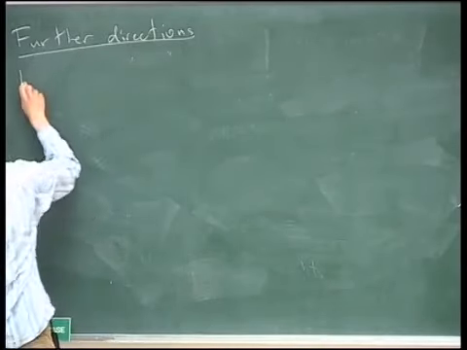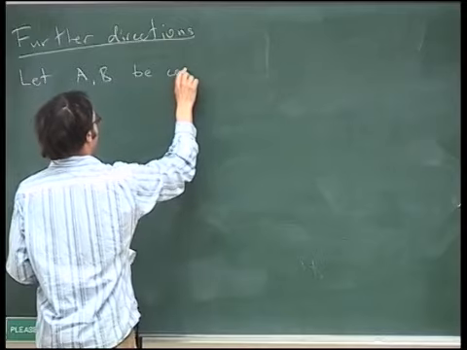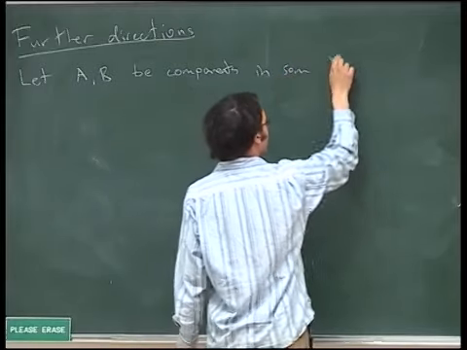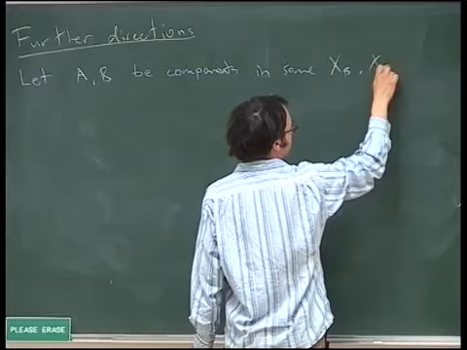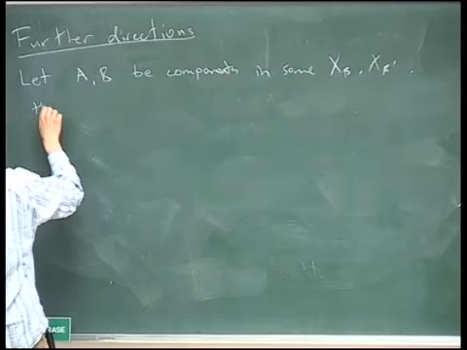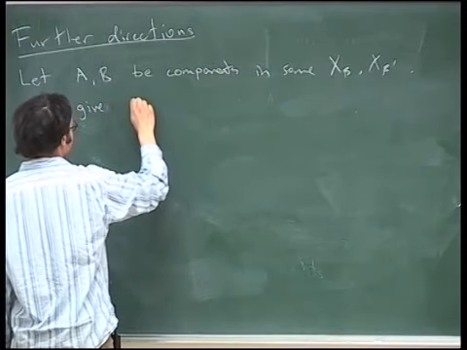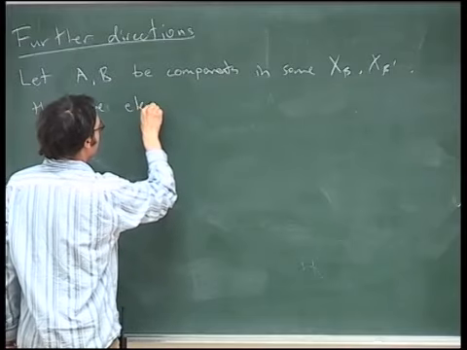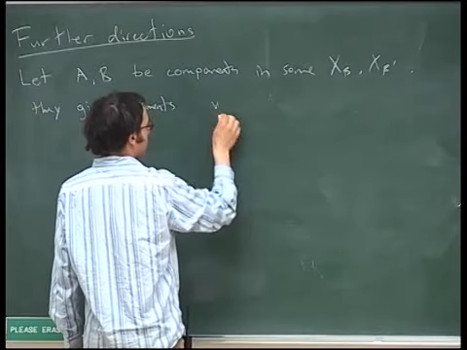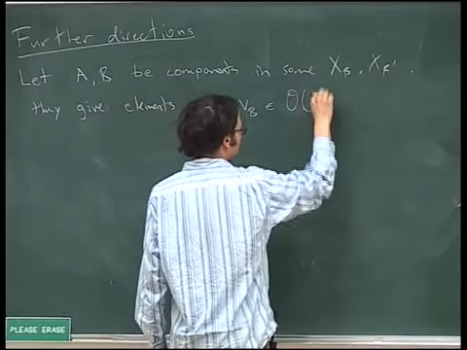Let A and B be components in some of these varieties, say X beta prime. Then under this isomorphism of Lusztig, they give elements, let me call them little vA and little vB, in the ring of functions.